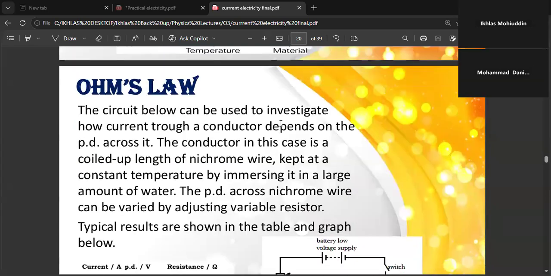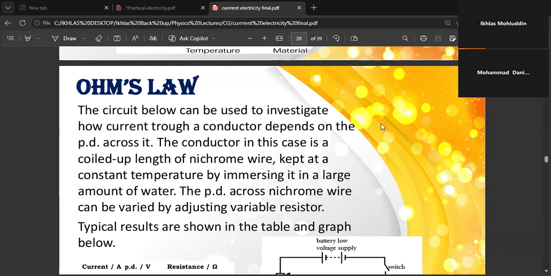Now, our today's topic is about Ohm's law. We have already discussed the terminologies of current, voltage, and resistance. So, after this, we need to discuss Ohm's law.